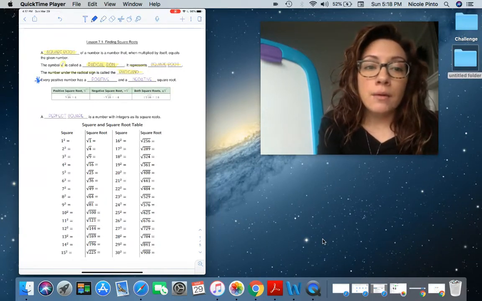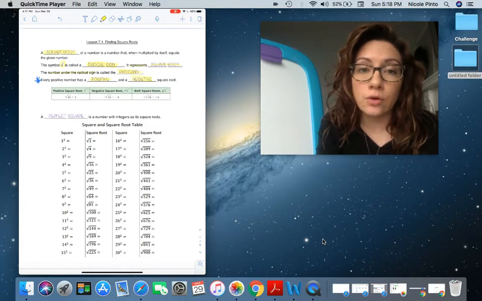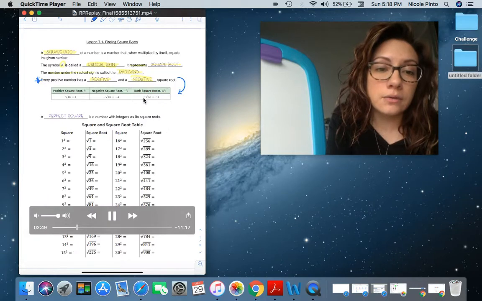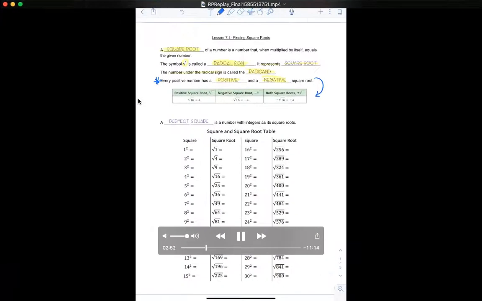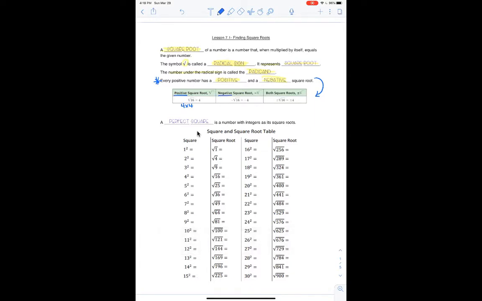Every positive number has a positive and a negative square root. If you take a look down here, where I'm showing you, you'll see why. A positive square root just says square root of 16, and 16, 4 times 4, is going to be positive 4.